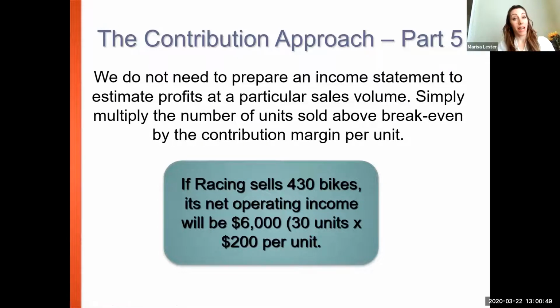Now everything that I sell beyond that, I'm going right to profit with my contribution margin. So understanding those relationships is going to be really important. Will you be able to get through the chapter by recreating a contribution margin income statement for every single problem? It's questionable, right? Because you won't always be given all of the information to do that.